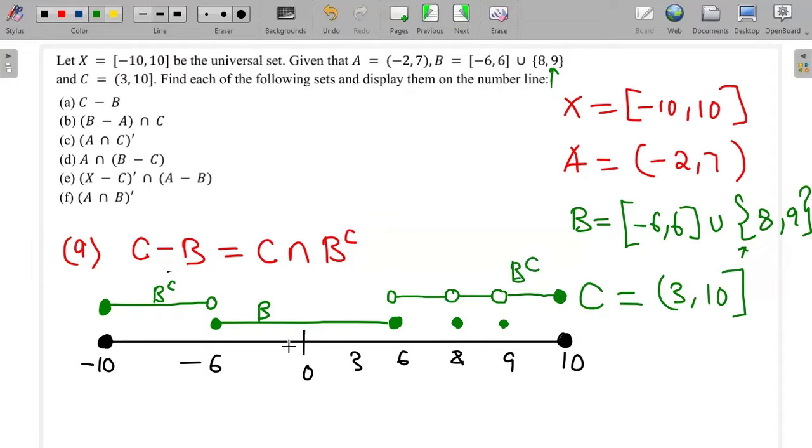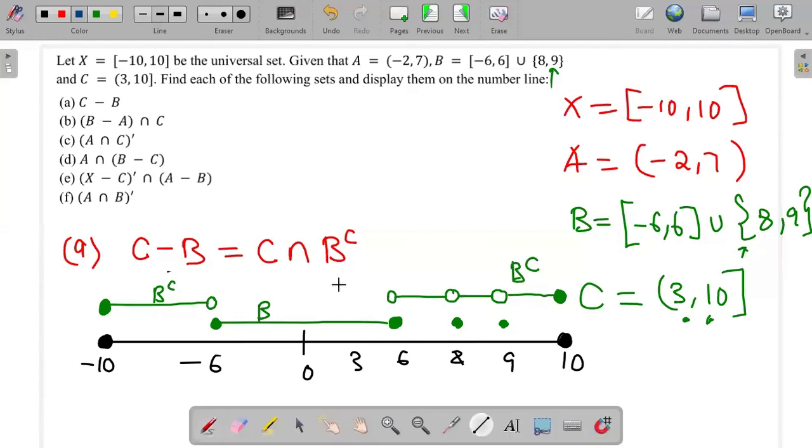Okay, so now what I want to do is to intersect, or to find where the line for the C and the B complement are actually overlapping. So where are they overlapping? My C is from 3 to 10. That is my C, so I'm just going to write that with maybe blue.